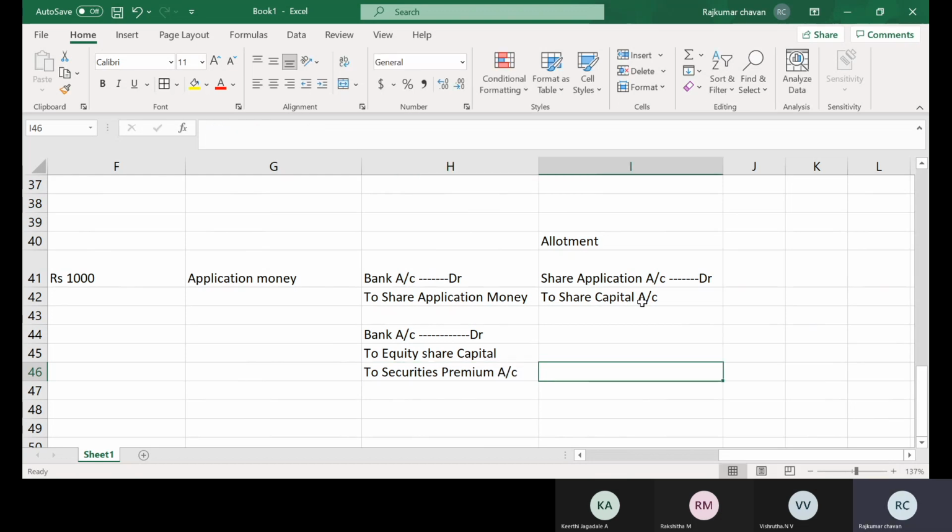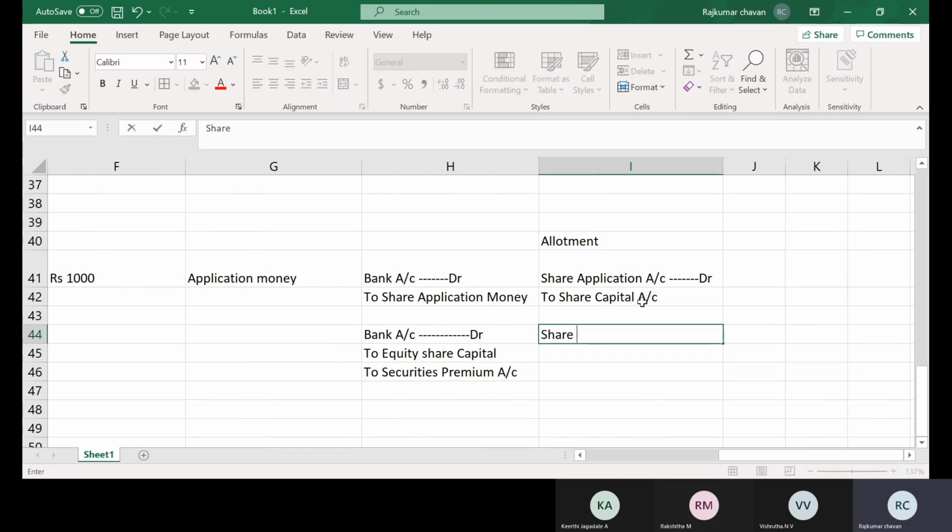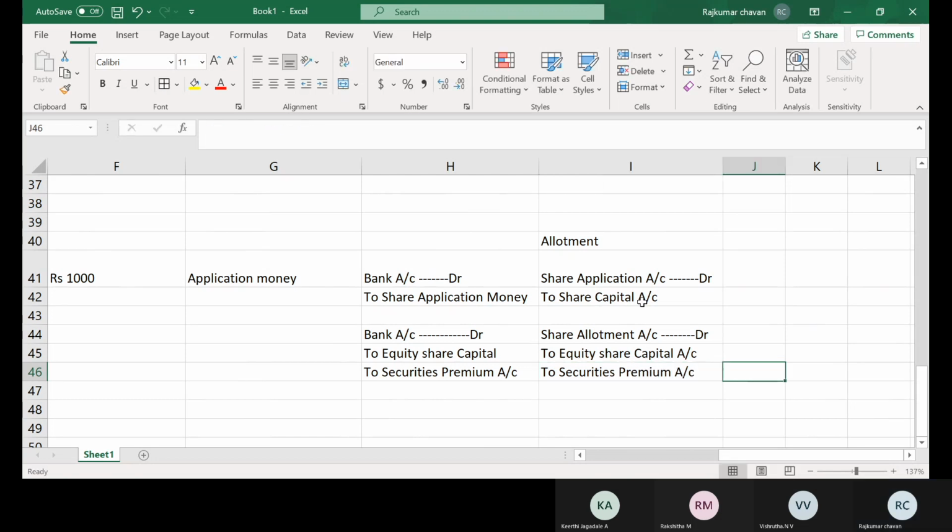In case of allotment, we pass the entry: Share allotment account debit to equity share capital account, and the premium amount will go to securities premium account. Is that clear? Yes, sir.